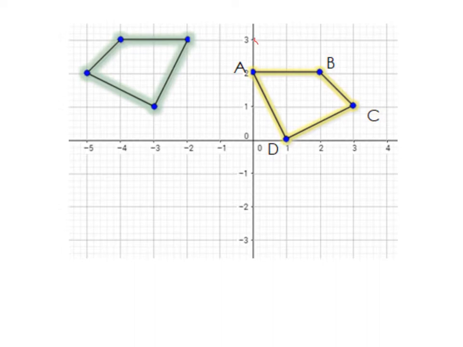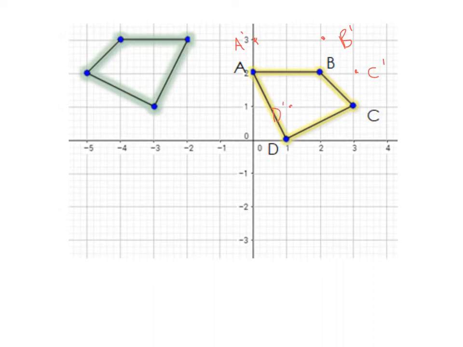So I'd have a point here, which we'd call A prime. When you move it, you put a prime after it, okay? And then we'd have B prime. Move C up, we'd have C prime. And move D up one, and we'd have D prime. Okay.